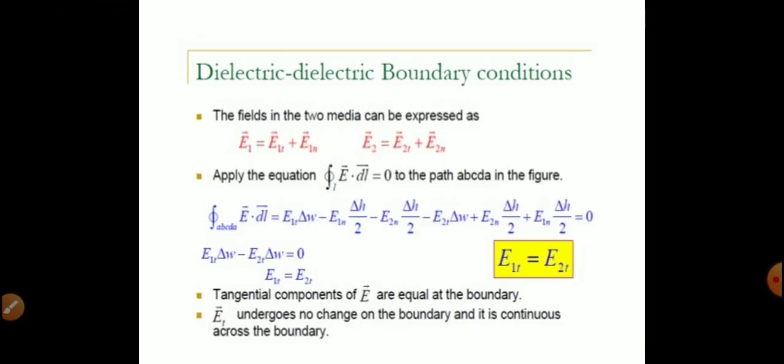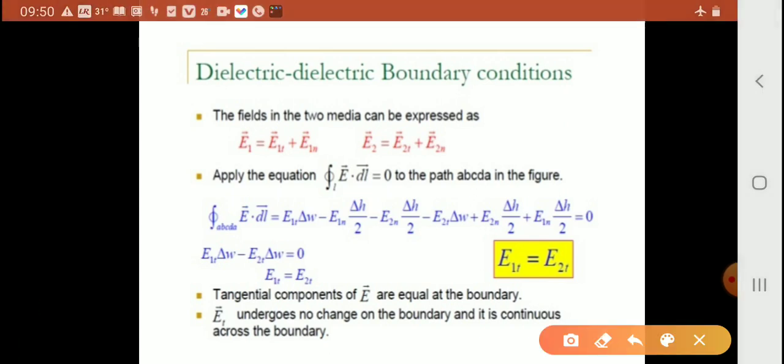The field in the two media can be expressed as E1 equals E1t plus E1n, and E2 equals E2t plus E2n. Consider that the total work done to move a unit positive charge along a closed path is 0.